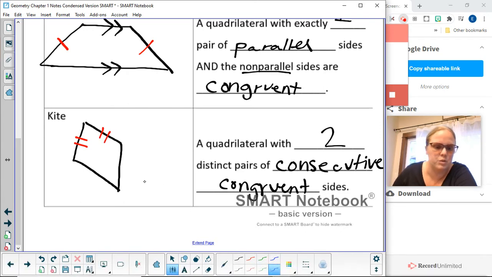And then the bottom two sides that are longer are the same length, but they are different than the shorter two sides. So I put a different amount of hash marks here. And if it helps you visualize it, you can certainly draw in a little kite tail flying there. All right, that is a kite.